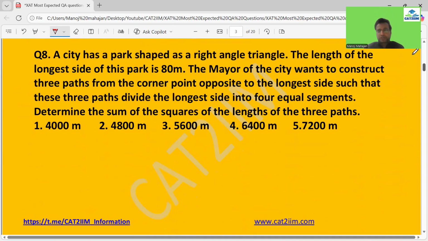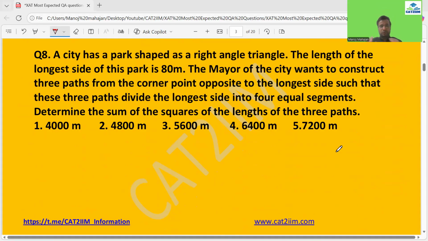So it's on geometry. So geometry, if you're targeting XAT, make sure that you look forward to knowing the concepts. So over here, again, you can do it mathematically. I'll show you the mathematical way out also, and two more ways where things would become easy for you, right?